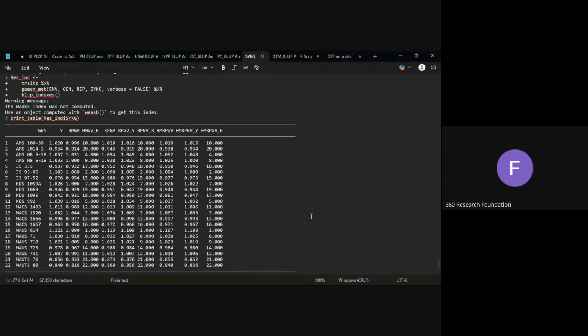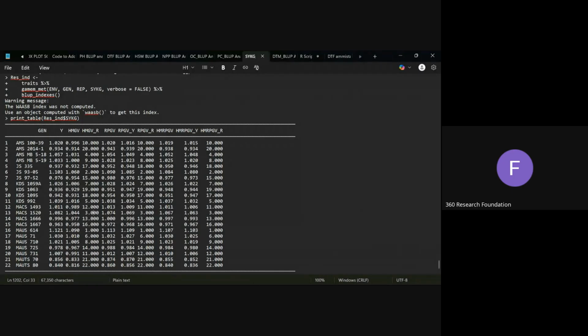Just to interpret it, you need to see this rank. Ranks are already given on the basis of this harmonic mean and relative performance.